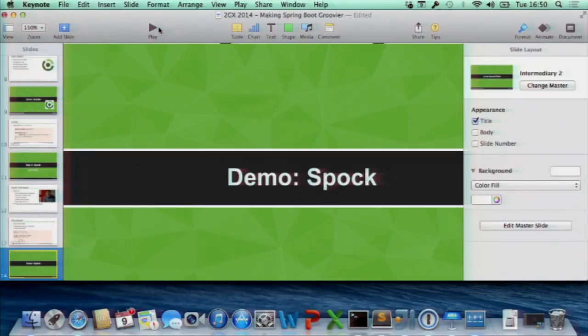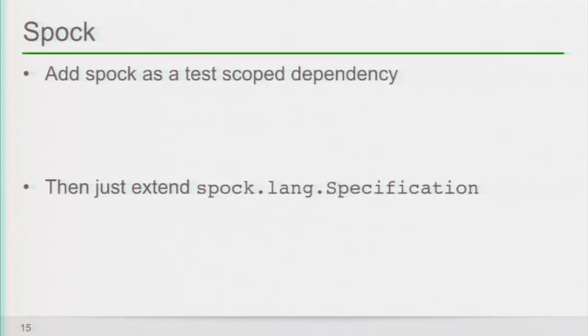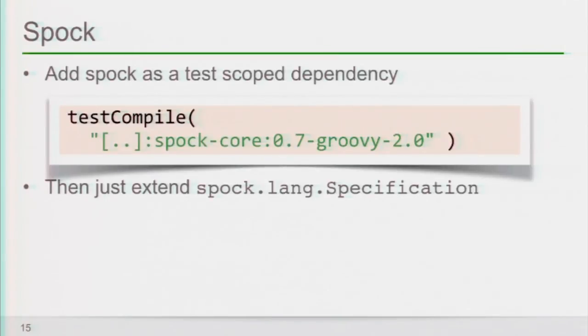Okay, so to get going with Spock, and as I said, this is the starting point in terms of getting Groovy into Java projects. This is a good place to start because you start with the unit tests, you start with the build. They're not touching production code, and you get people into Groovy.